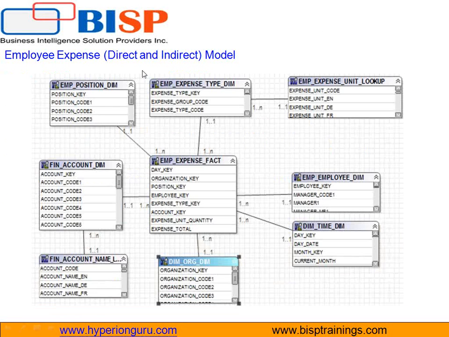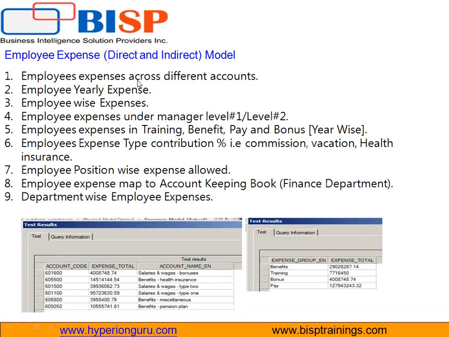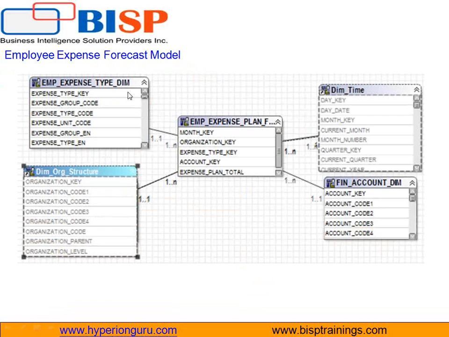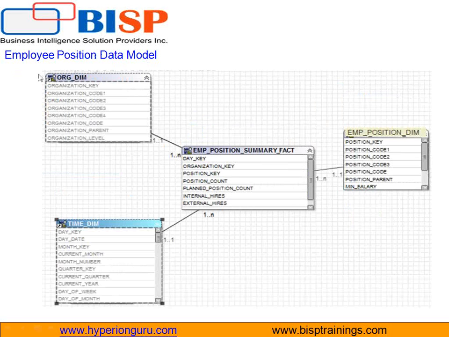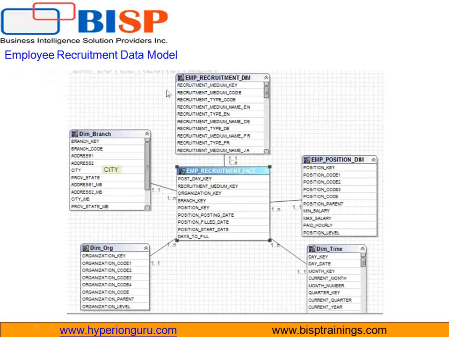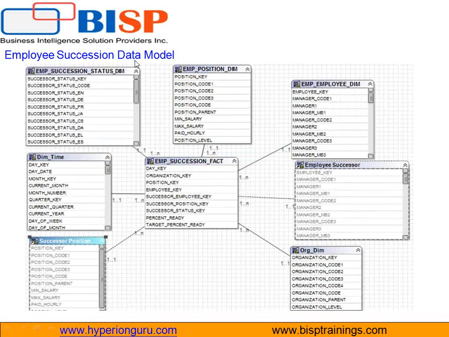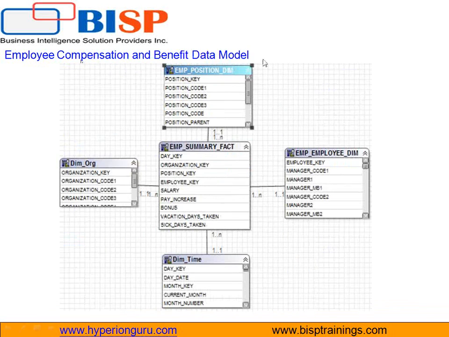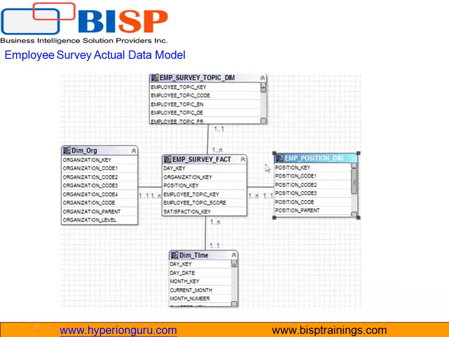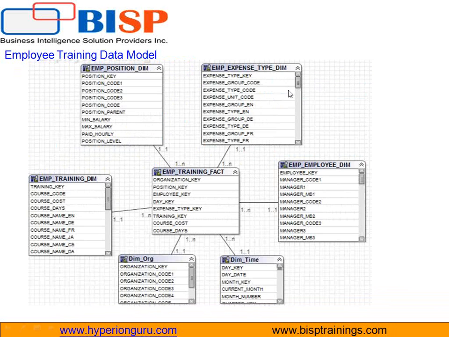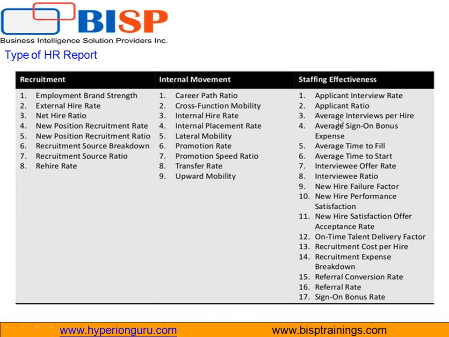The first part is direct and indirect expenses; you build a model to answer that. Then the second part, maybe forecasted or future expenses, you build a model and have a set of questions. Employee position expenses, ranking, recruitment, compensation, succession, all these models you prepare, each with its set of questions.